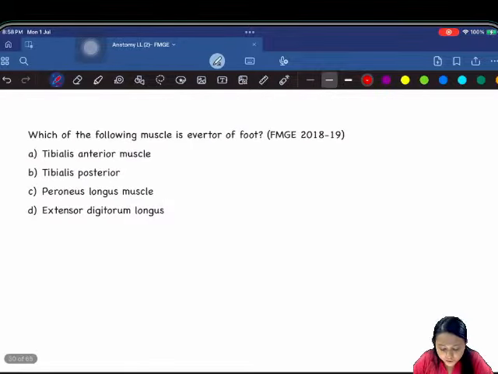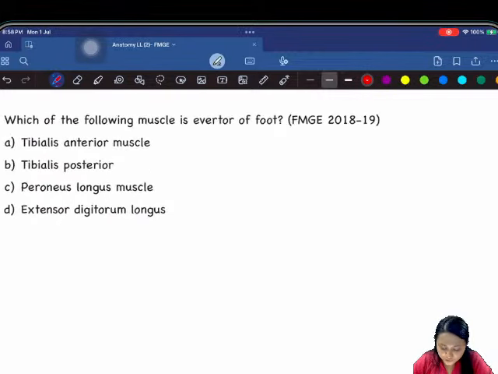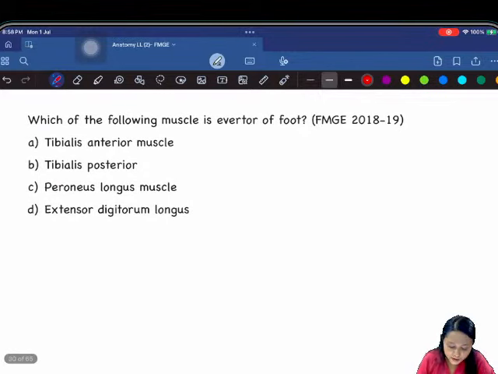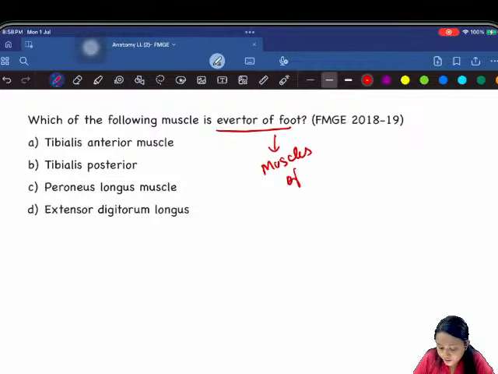So, which of the following muscles is the everter of the foot? You should know by now that the everters, they have given tibialis anterior, tibialis posterior, peroneus longus and extensor digitorum longus. So you know that the everters are muscles of the lateral compartment of the leg.